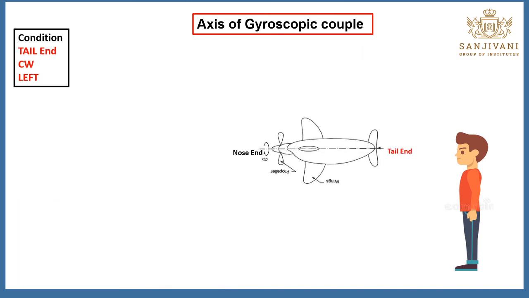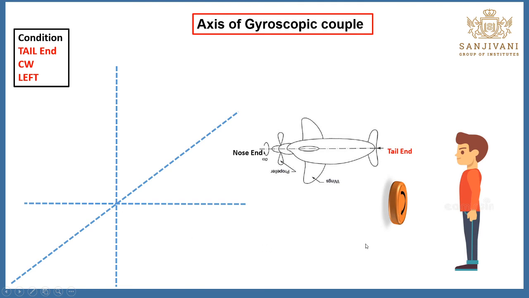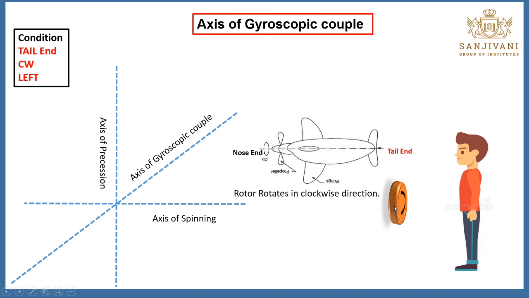Okay. Now in the second case, just try to understand. You are looking from the tail end. The rotor rotates in the clockwise direction, and that aeroplane is taking the turn towards left. Again, you have to take your right hand, and rotate the fingers of the right hand in the clockwise direction.